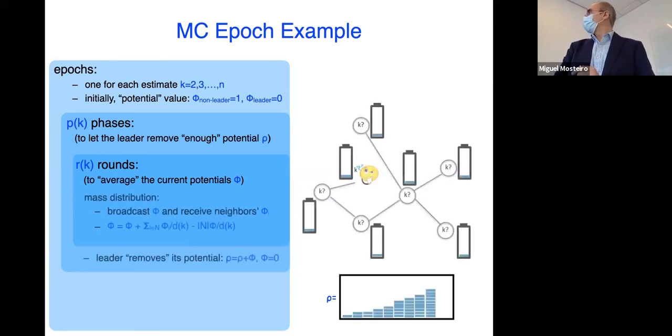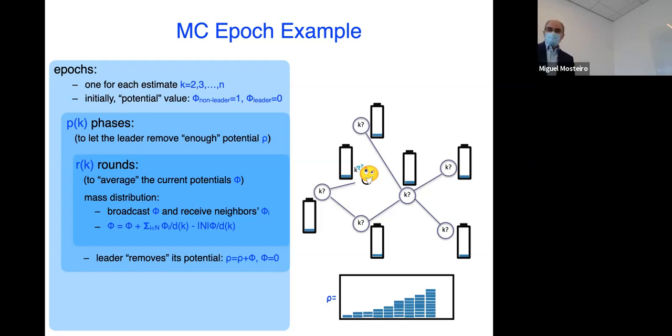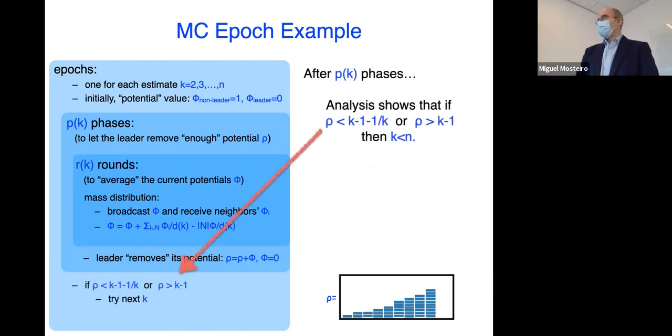After enough phases, the leader has removed almost all the potential from the network to this separate accumulator. Then at the end of the epoch, we check whether the potential accumulated by the leader is within some range that we computed.